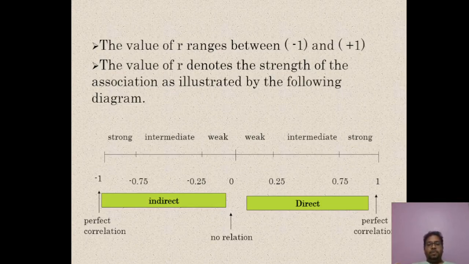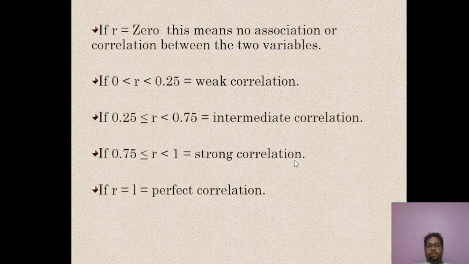Now suppose r equal to 0 आ जाए, that is coefficient of correlation is 0, means that there is no correlation. Okay, if it is near to 0, that would be weak correlation.